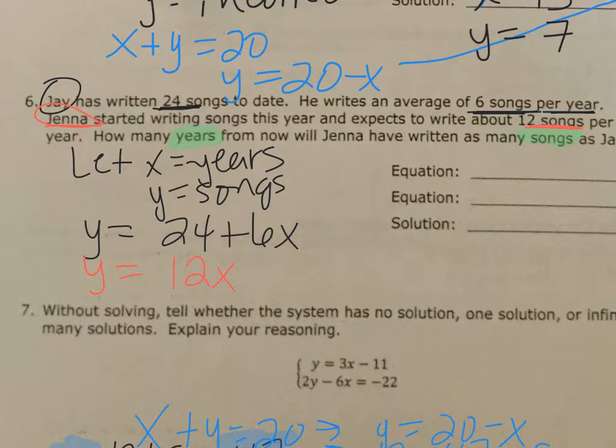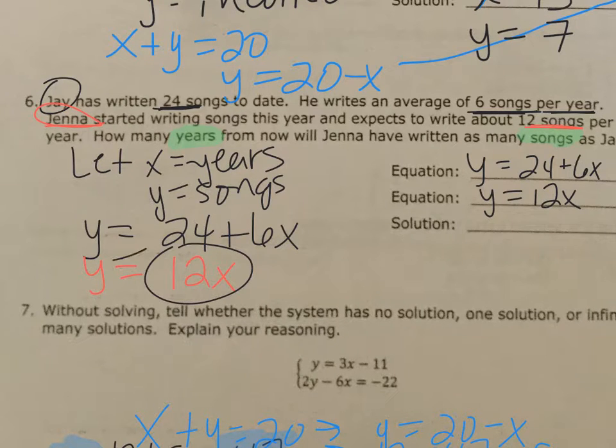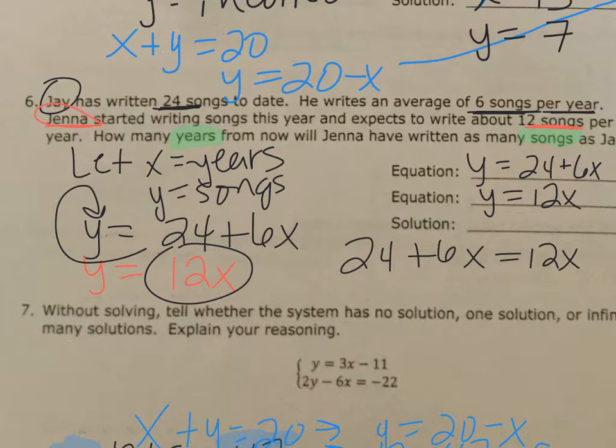Let me write them over here. y equals 24 plus 6x and y equals 12x. So I'm going to solve this by substitution. I'm going to put this in for that y. And it says, how many years from now will Jenna have written as many songs as Jay? So, like, when will they be equal? Well, we can find that out by setting them equal.